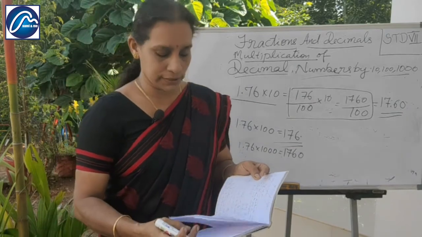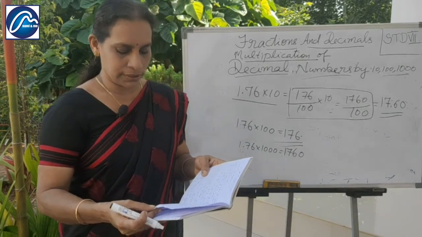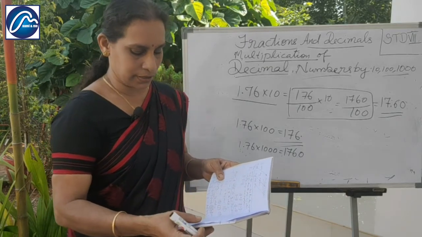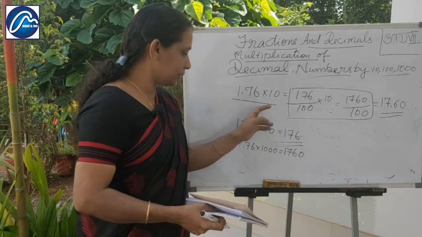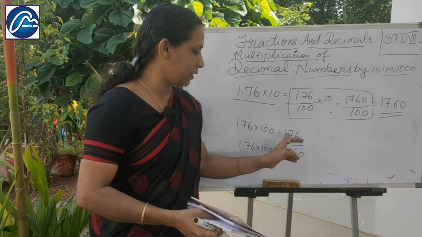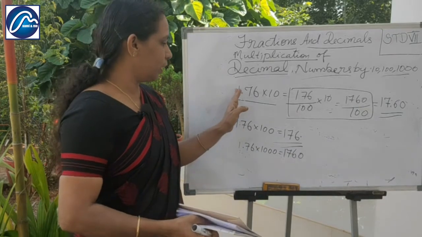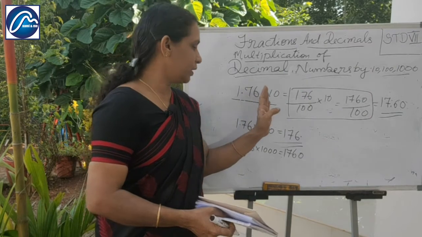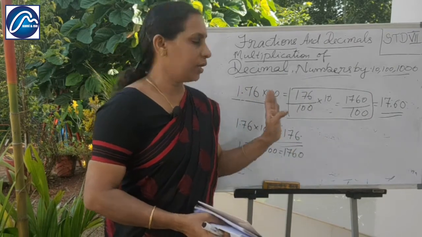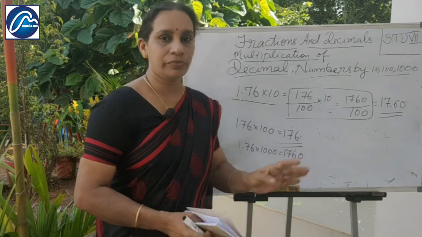But when a decimal number is multiplied by 10, 100 and 1000, the digits in the product are the same as the number. The same digits will be the answer, but the decimal place will be different. If it is 10, 1 place will move right, if it is 100, 2 places will move, and if it is 1000, 3 places will move to the right of the decimal.